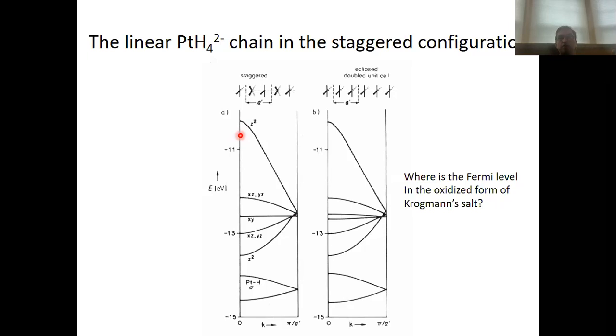And we would understand that this metallic conductivity occurs in the direction of the platinum chain, because the dz square orbitals point into the direction of the one-dimensional platinum chain. So this way we have not only explained the metallic conductivity, we also explained why the metallic conductivity occurs only in one direction.